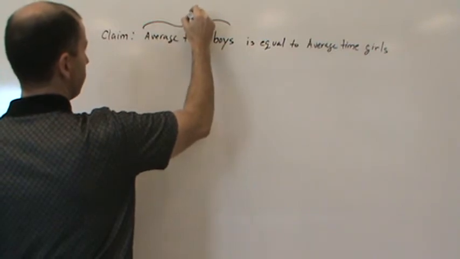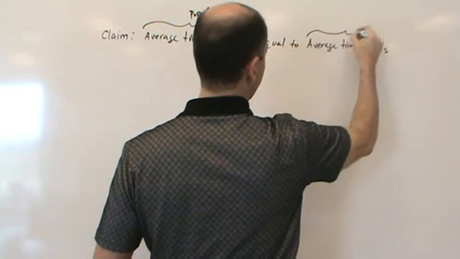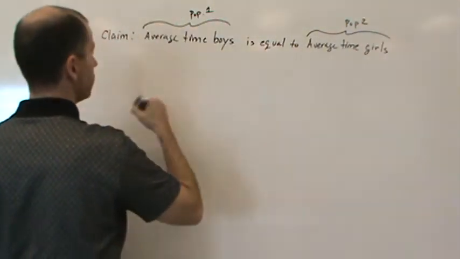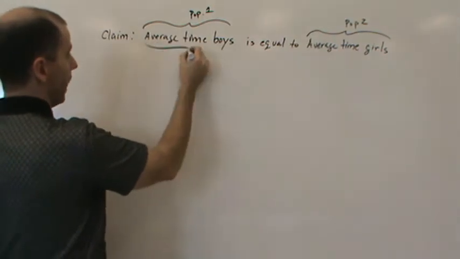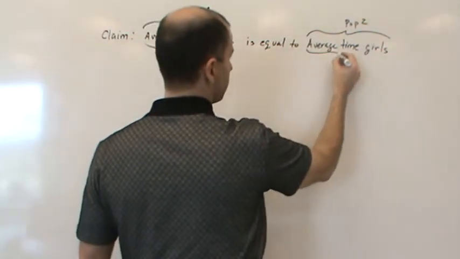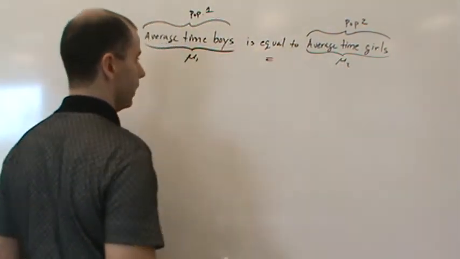This is population 1, and this is population 2. The average time for boys is going to be mu1 then. The average time for girls is mu2. And of course, we're going to set those equal.